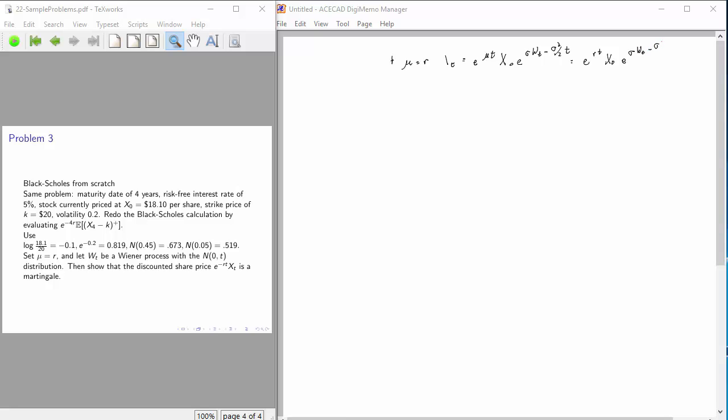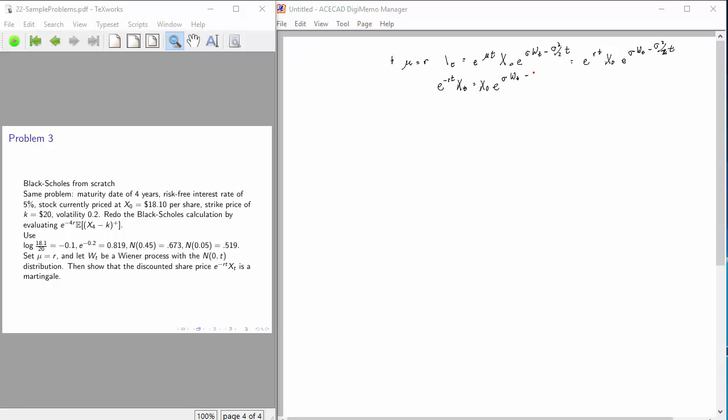You already know that this exponential is a martingale, and I can rewrite this by moving e to the RT to the other side, and say the discounted value of the price at time t is equal to the initial price times e to the sigma W sub t.